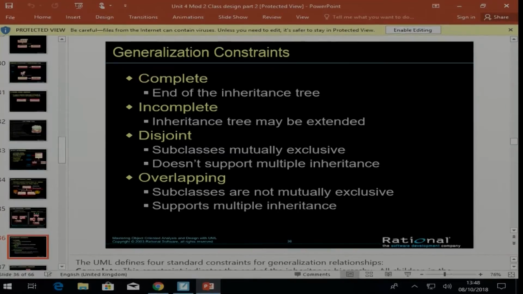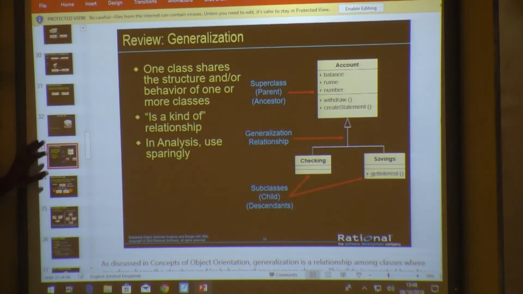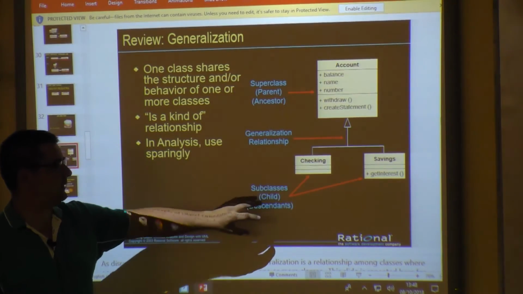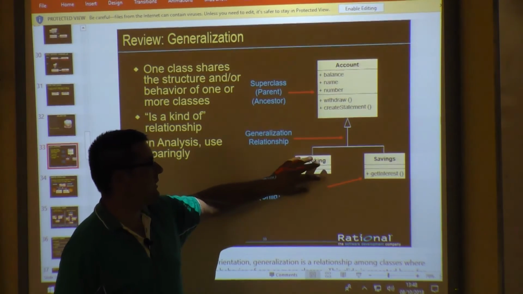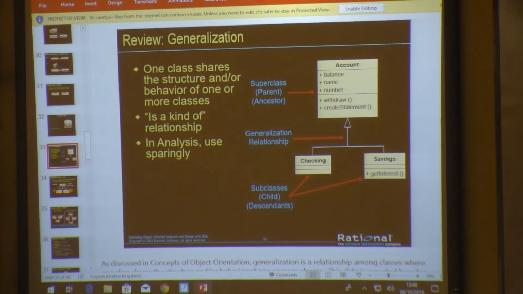So there are some constraints for generalization that we might need to look at. Is it complete? Is it incomplete? Is it disjoint or overlapping? Now, these constraints are based on, let's say, for example, the check account. Is there any new information which is not portrayed already as part of the parent?